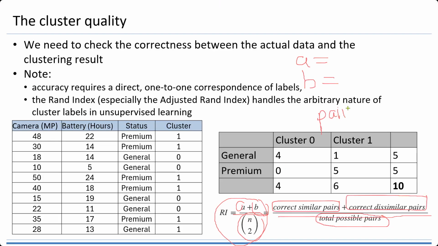We call it pairs. Pairs means we want to check one example. So this is one example or one instance compared to the other instance. You want to check this instance compared to the other instance, and so on.